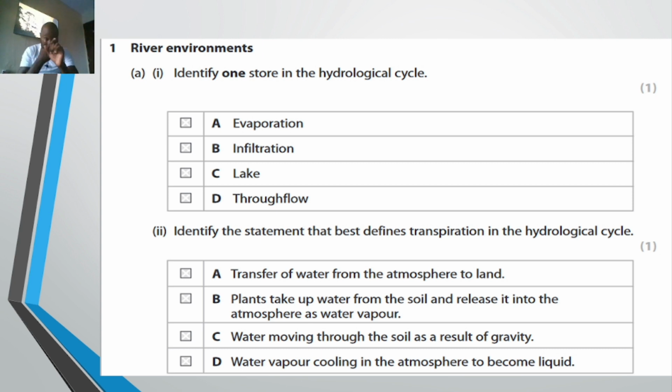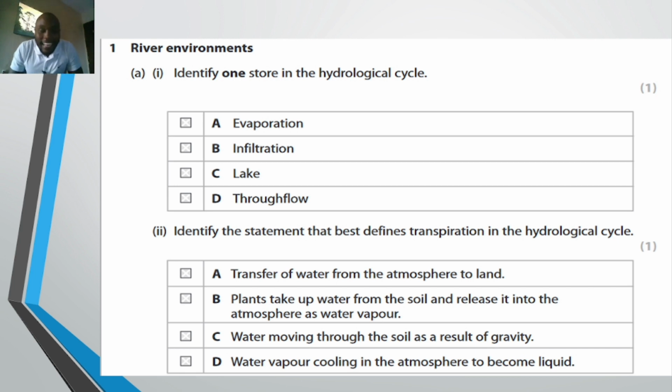Transfers, sometimes we call them flows, okay? So the transfers, what are they? The stores, what are they? So evaporation, is it a transfer or a store? Infiltration, is it a transfer or a store? A lake, is it a transfer or a store? Throughflow, is it a transfer or a store?